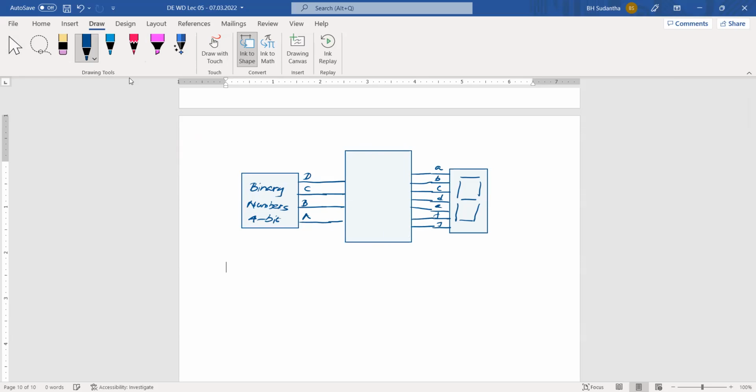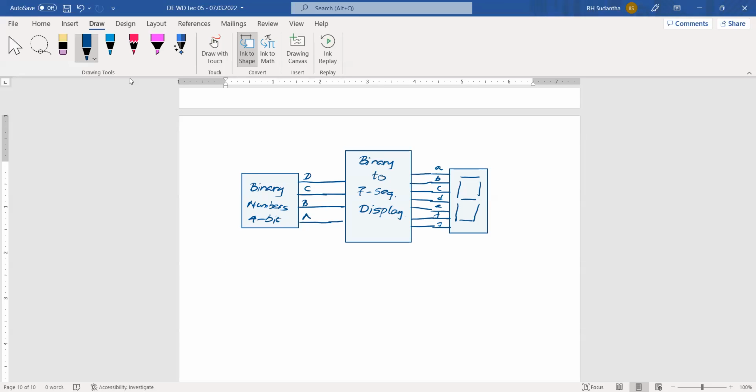Now we want to design this one. This circuit will convert this binary value to 7-segment display compatible readable code. That's what we are going to do.